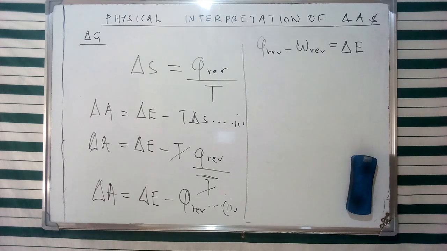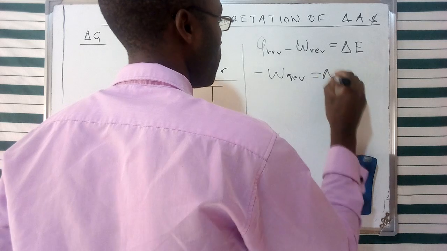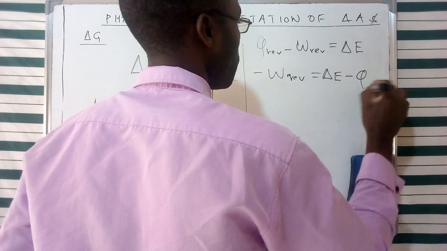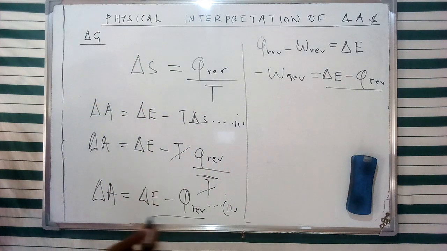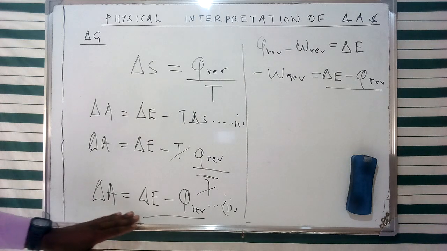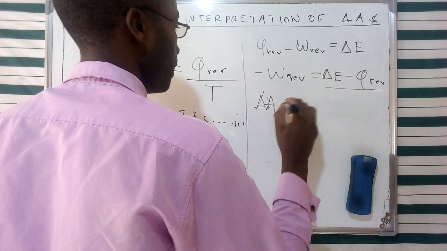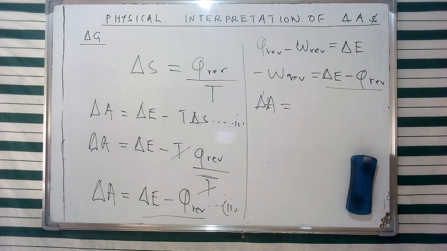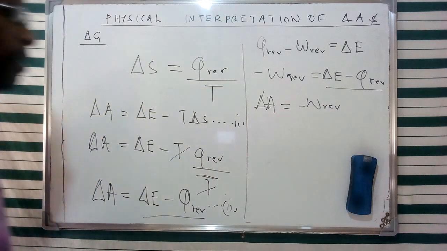Therefore, in trying to rearrange this particular equation, we can have the element of negative work reversible given as delta E minus Q reversible. And of course, on the right-hand side of that specific equation, we're going to have this specific representation. Therefore, we can equate Helmholtz free energy with this specific element of work, and therefore have delta A given as that specific representation for negative work reversible.